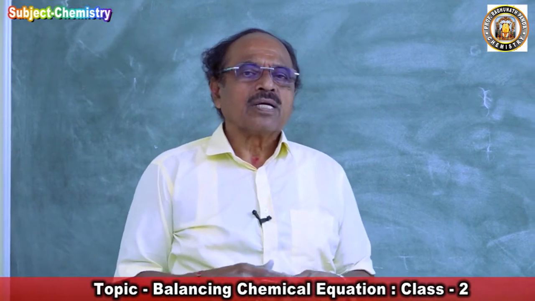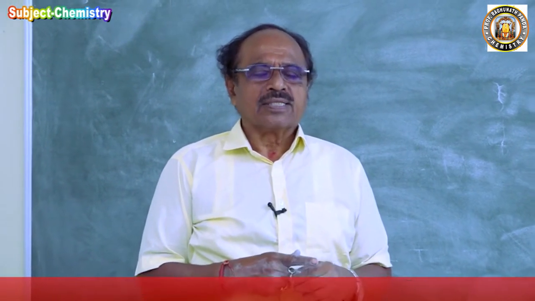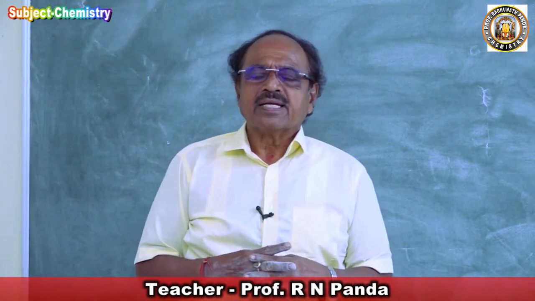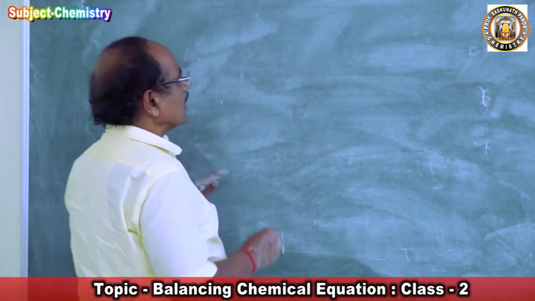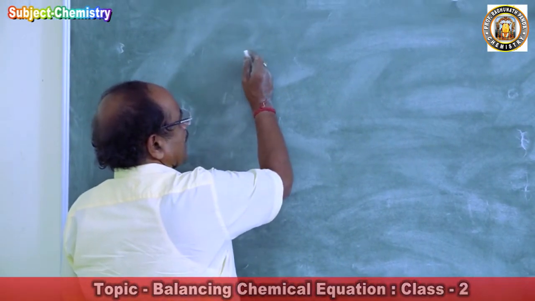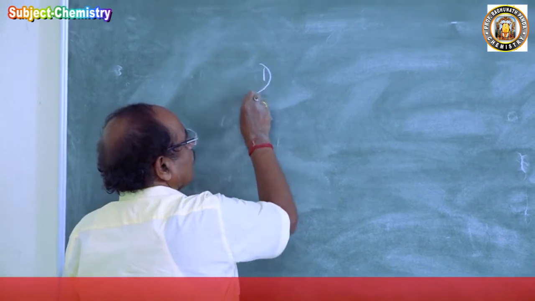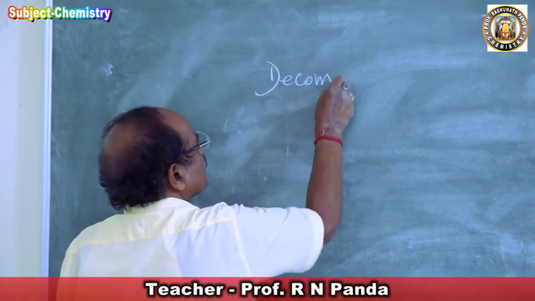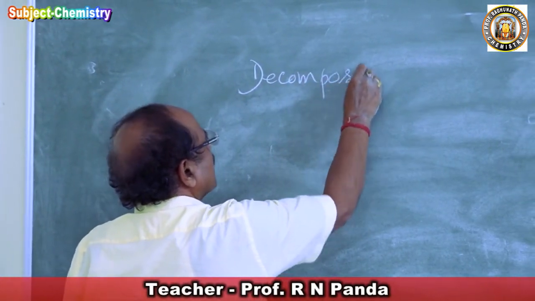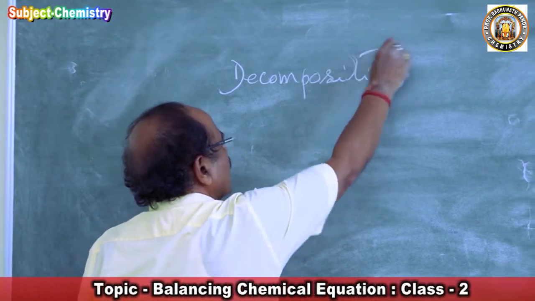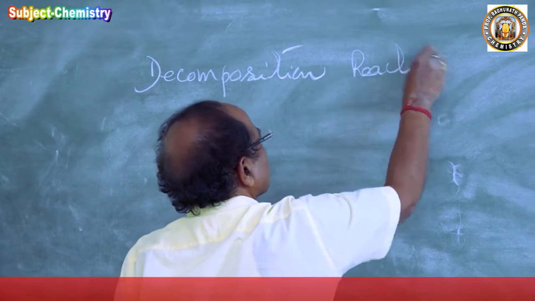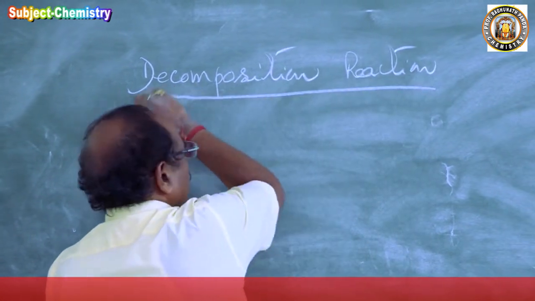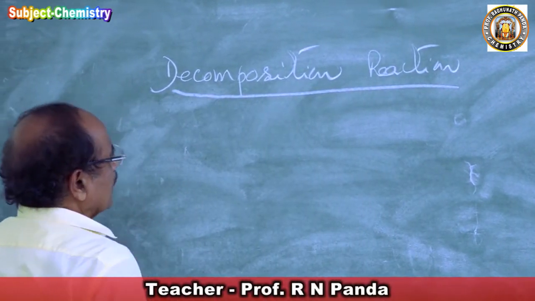Now we will come to balancing chemical equations. That means we will take different reactions and try to represent their equations. I will first take some examples of decomposition reactions, where we take a substance and that substance forms the products.